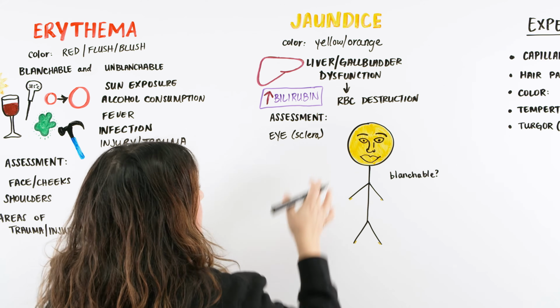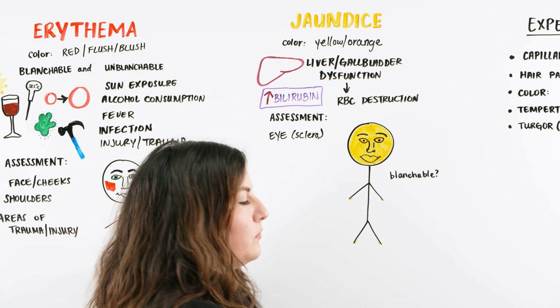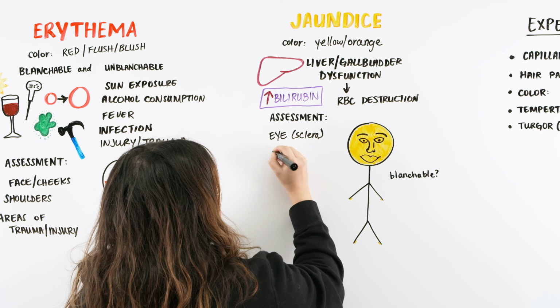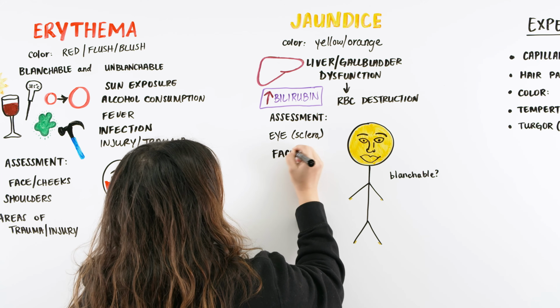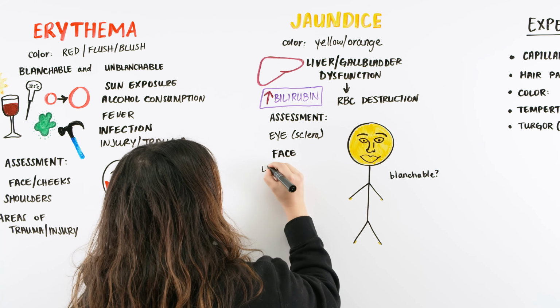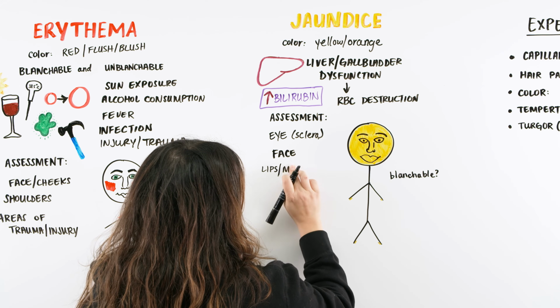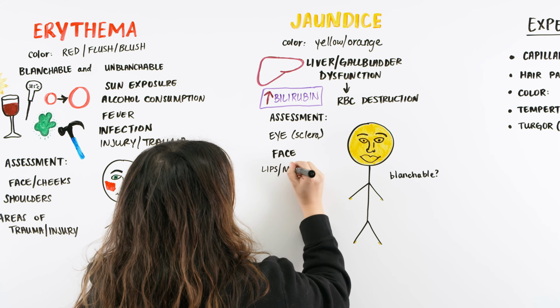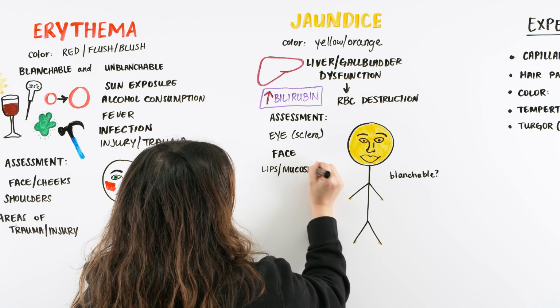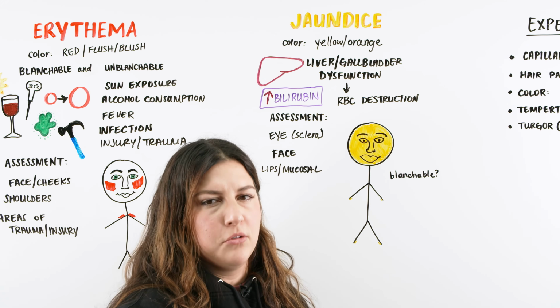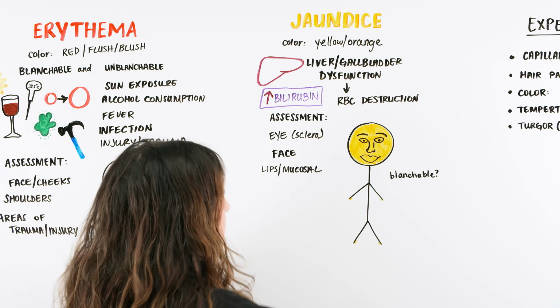Okay, and because of that manifestation, we can start thinking what else is going on with this patient. Also really easily identified is the face. Okay, there can even be some yellowing of the lips or the mucosa, right? And all of that is going to signal us that something might be going on with this patient, right? They're not just feeling ill, they're also looking jaundiced.